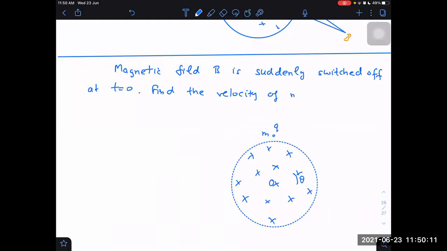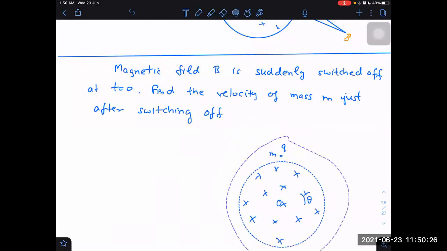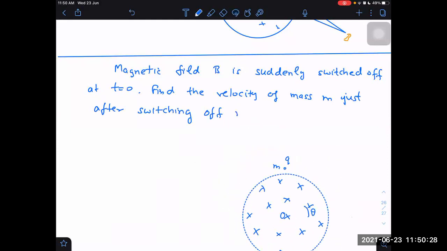Find velocity of mass m just after switching off the magnetic field. d by dt of q equals mv from the thing. Try once. Take a moment. Try, and if you are not getting the answer, I will explain.